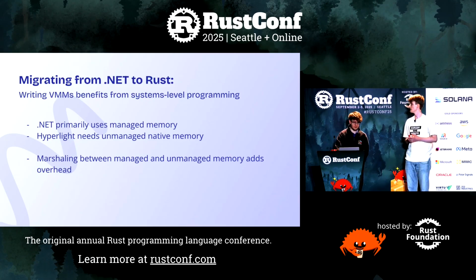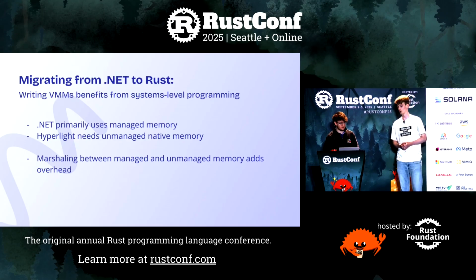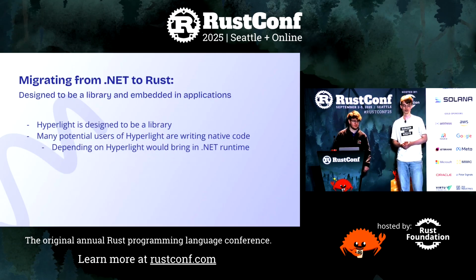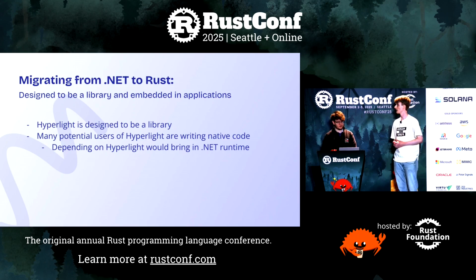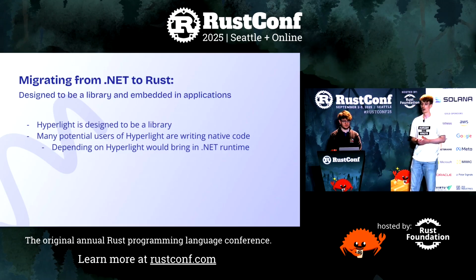In addition, marshalling between unmanaged and managed memory can also add performance overhead if you're copying memory over. Another reason we decided to migrate from .NET to Rust is that Hyperlight is designed to be embedded within an application. Hyperlight is a library. Hyperlight does not run as a standalone process.